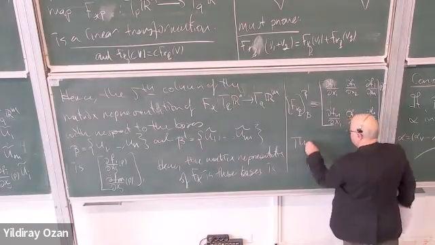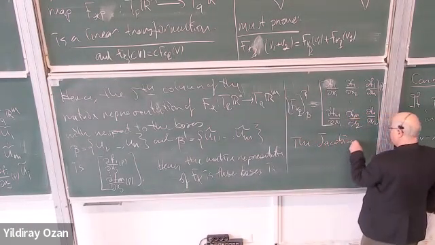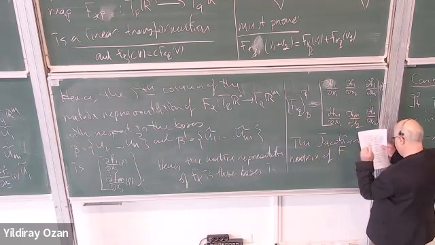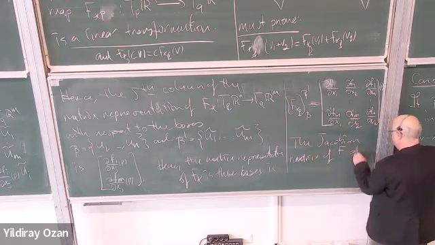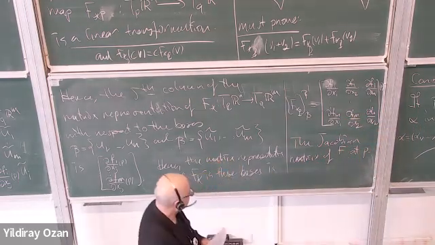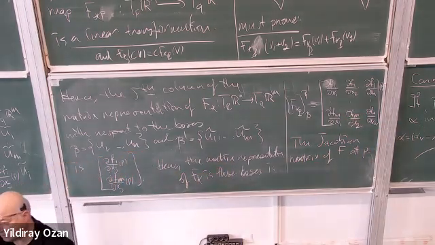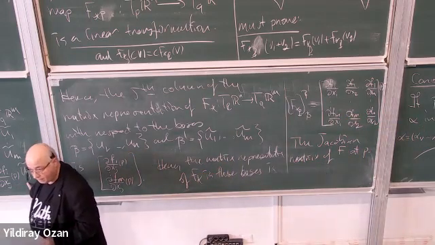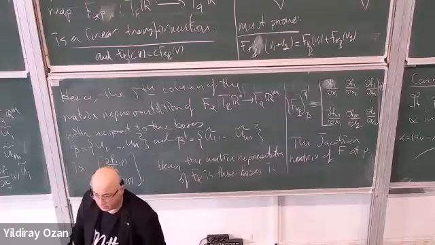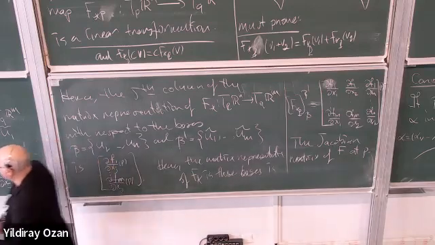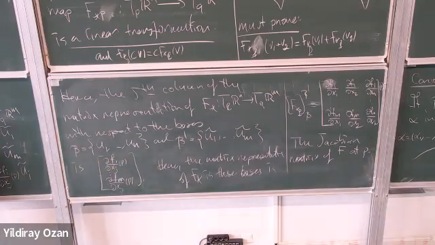The Jacobian matrix of F at P. Okay. So these are the vectors in the tangent space Rm.